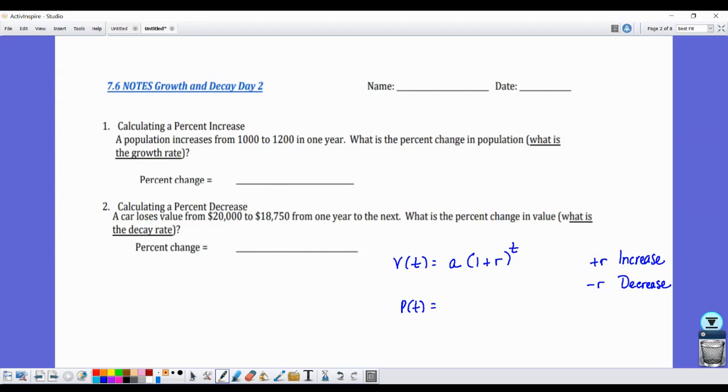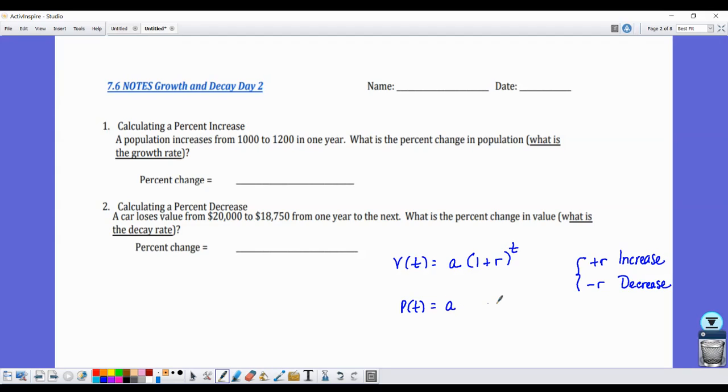And so when we have 1 plus r, that's no longer our rate, that becomes our growth factor. Or 1 minus r, that's no longer just the rate, the decreasing rate. 1 minus r becomes our decay factor. So we can talk about positive or negative r, and both of those relate to the growth factor, whether we're going to work with growth or decay.